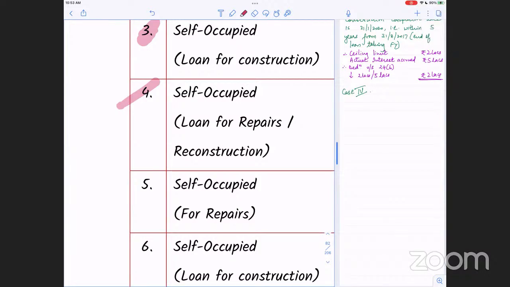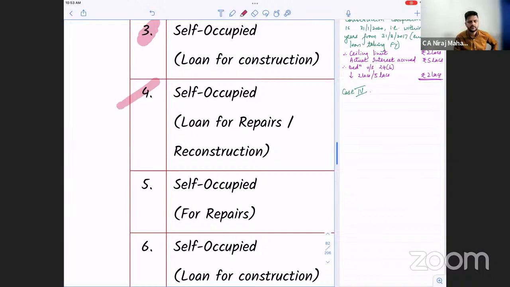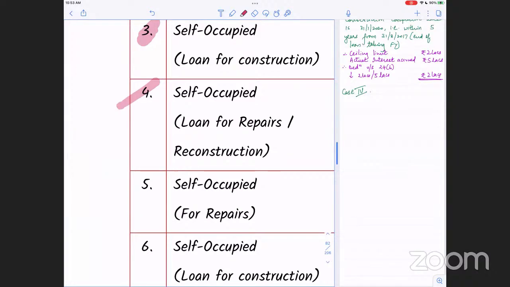Condition number 2. What is the ceiling limit? 2 lakh rupees. Correct, Mansi, correct.